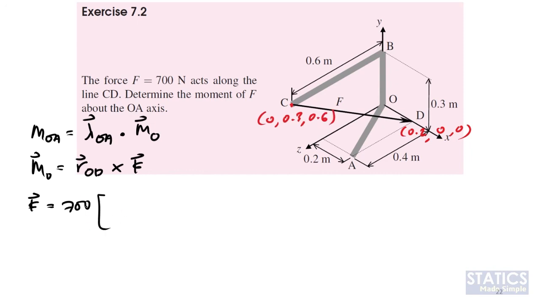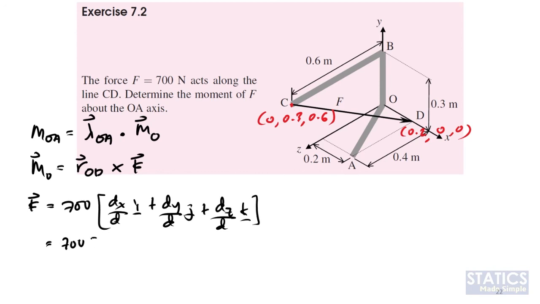So based on these coordinates, F is equal to 700 times dx over d I plus dy over d J plus dz over d K. Our force is from C to D, so dx must be 0.2 minus 0, so you have 0.2. We'll be calculating d later on. Plus dy, 0 minus 0.3 J, plus dz is 0 minus 0.6.